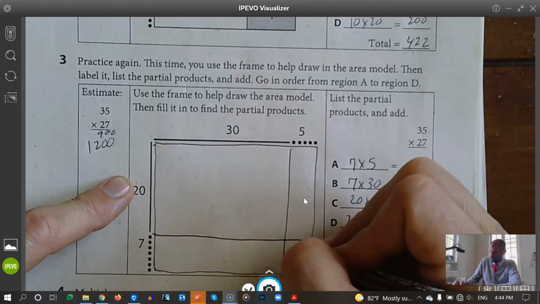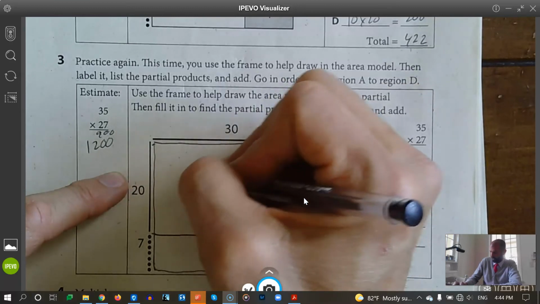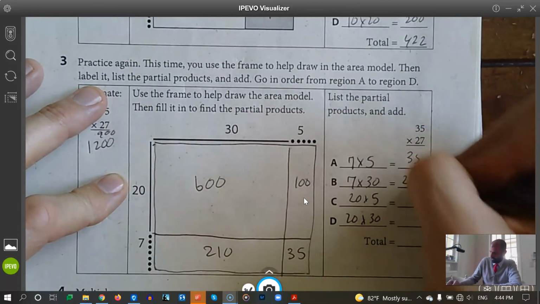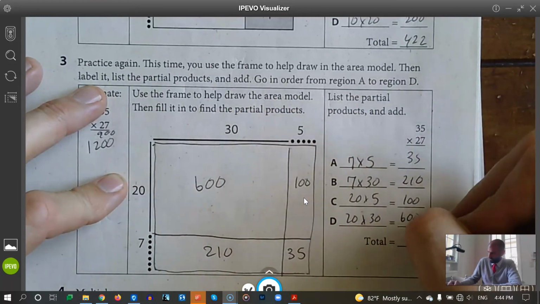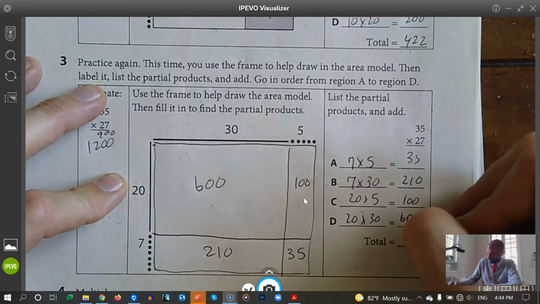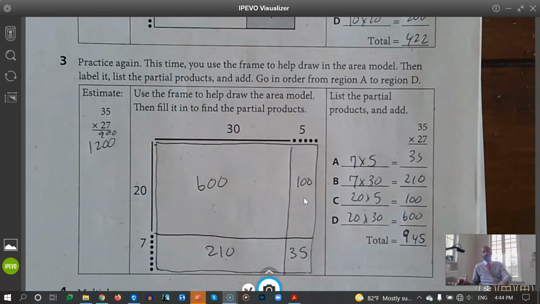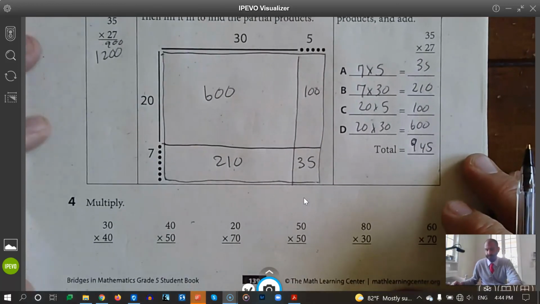So we have 35, 210, 100, and 600. 5 plus 0 is 5. 3 plus 1 is 4. 2 plus 1 is 3 plus 6 is 9. 945.